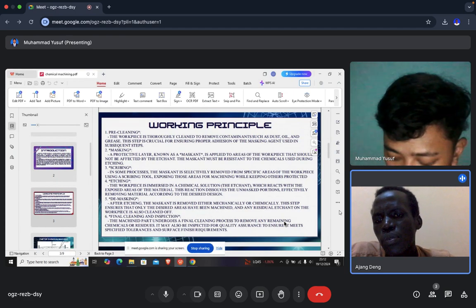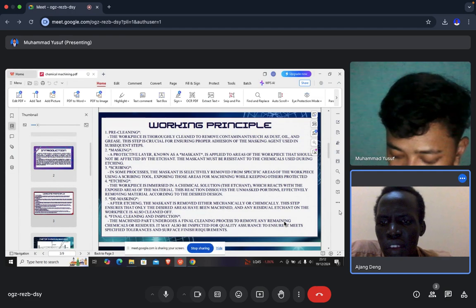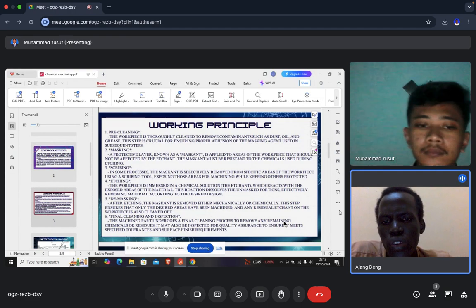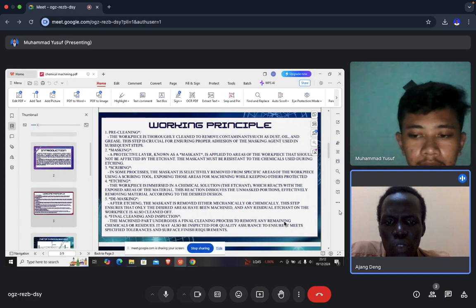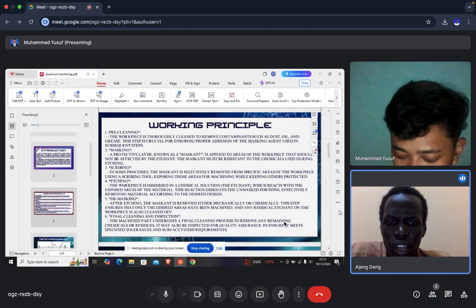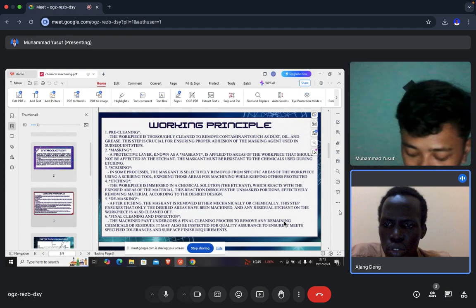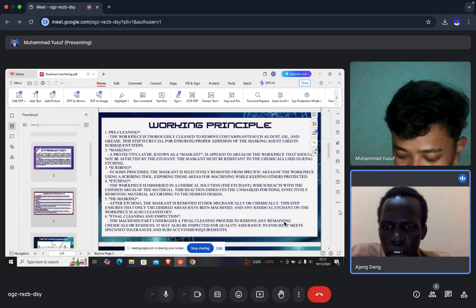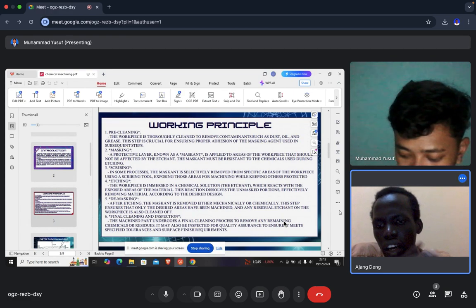Now the second working principle is masking. A protective layer known as maskant is applied to areas of the workpiece that should not be affected by the etchant. The masking must be resistant to chemical reactions used during etching.